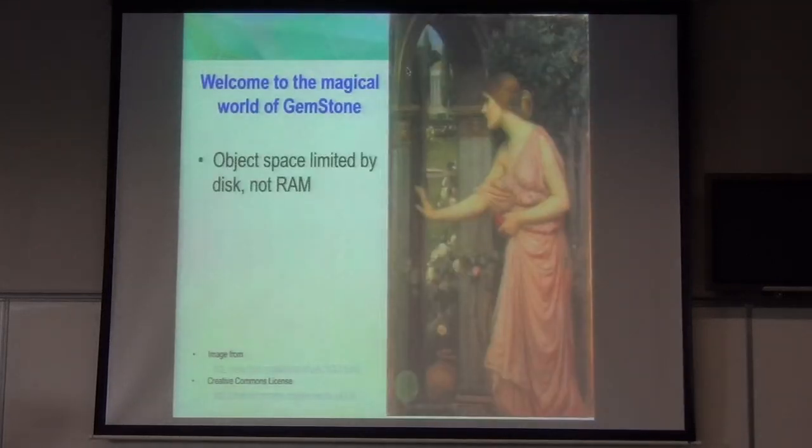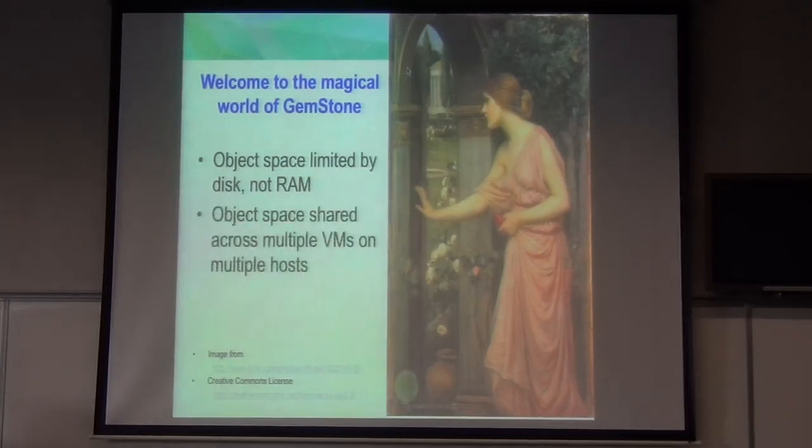With GemStone, object space is limited by disk, not by RAM, and so this can be terabytes of space spread over multiple disks. The object space is shared across multiple virtual machines on multiple hosts. So you can have thousands of virtual machines on thousands of hosts.